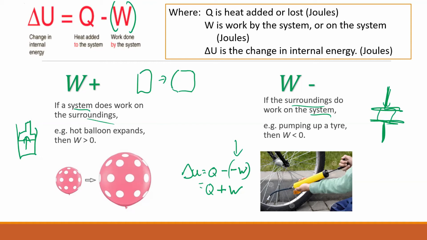Am I squashing the system with a piston? Or is the system doing work? Is the system expanding? Is the system pushing out against it? Is it an explosion where the system is pushing air away from it? What type of system is going on here?